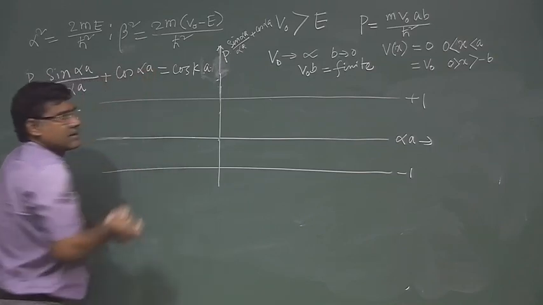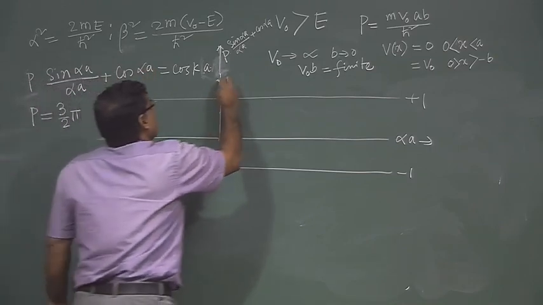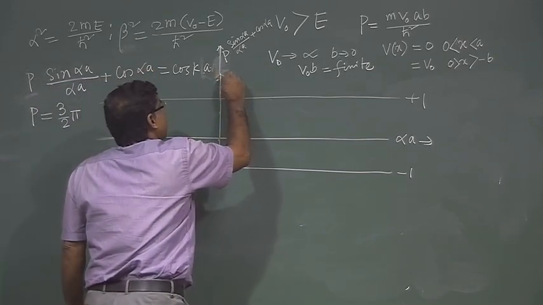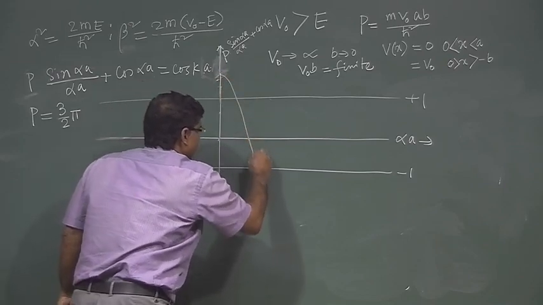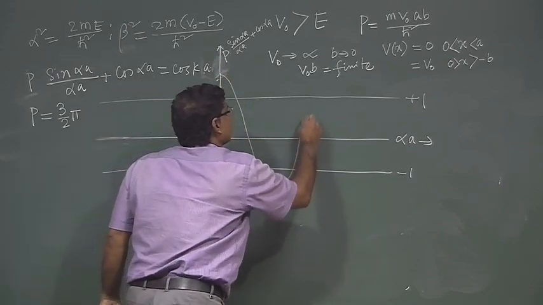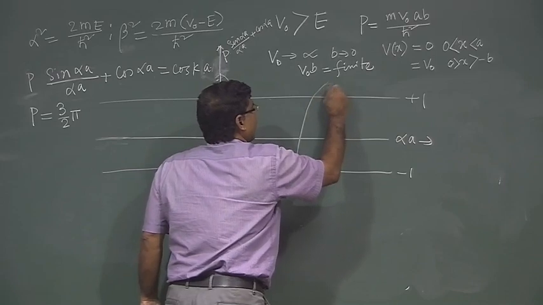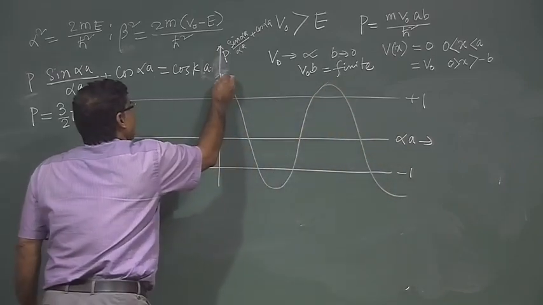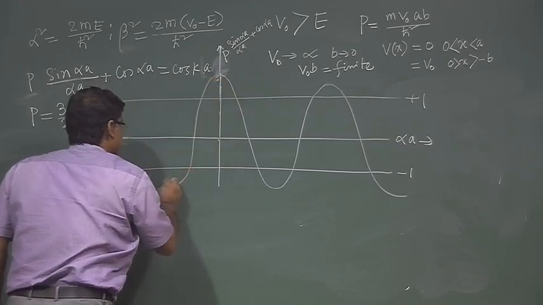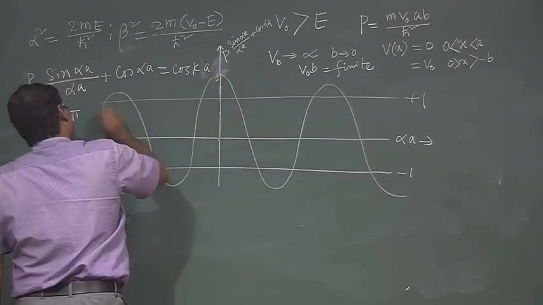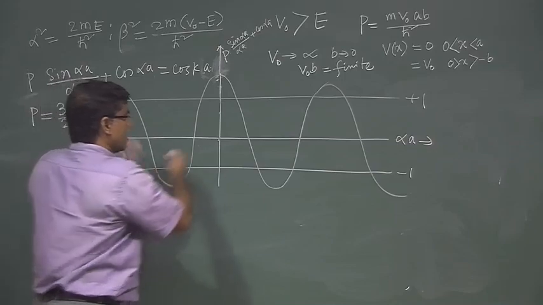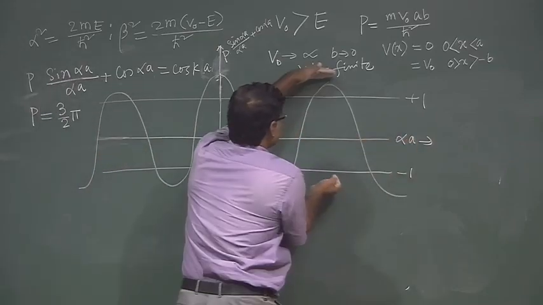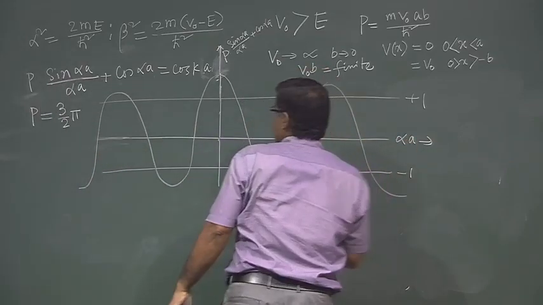So, I will get this type of variation. So, for higher value of alpha a, this will decrease.